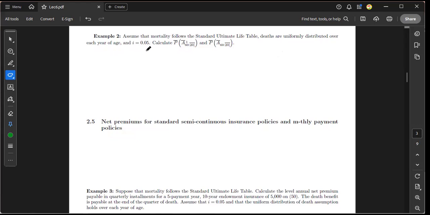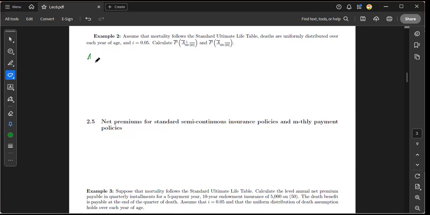Since it is a standard life table, i is equal to 5%, the interest rate is 0.05. We need to find the premium of a fully continuous scheme. The benefit is being paid for the first 20 years, and also the premium is being paid during the first 20 years, for a person who is at age 60. So let's do it like this.